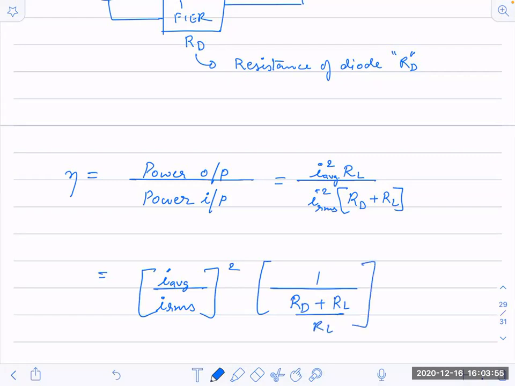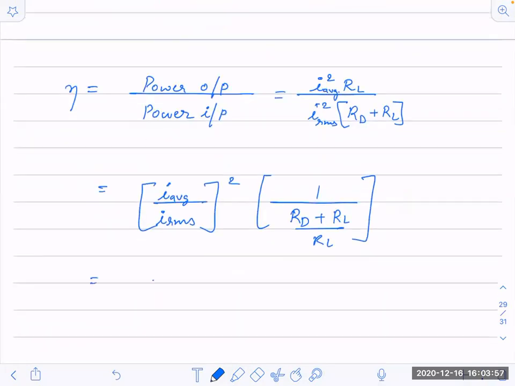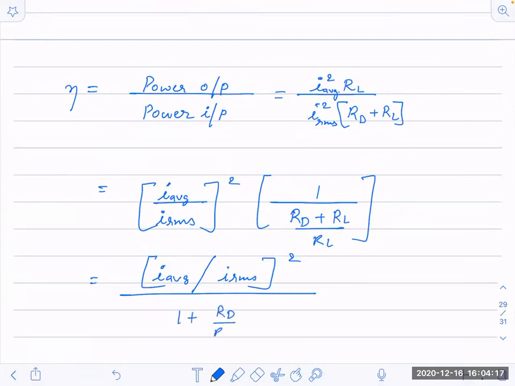If I solve this, it becomes I average divided by I RMS square, total divided by 1 plus RD by RL. So this is what the efficiency becomes now.